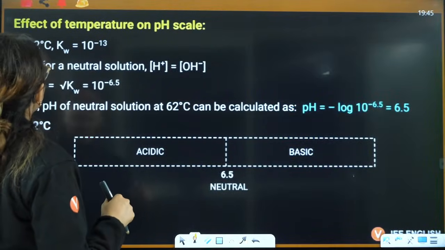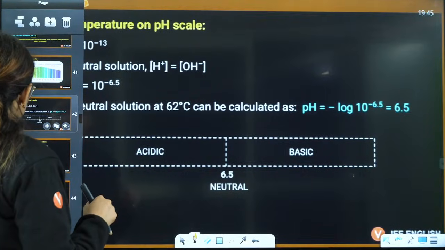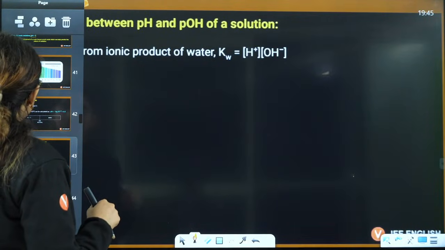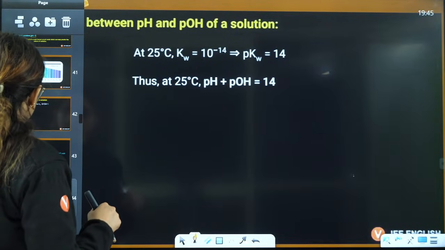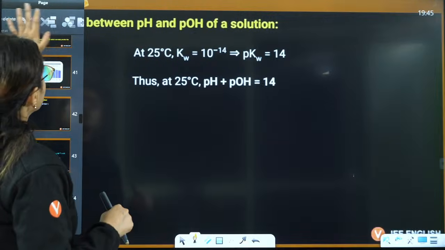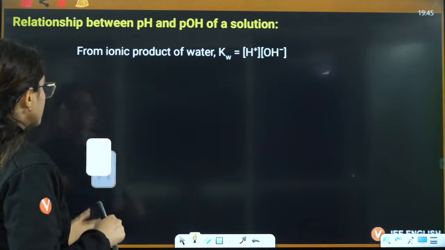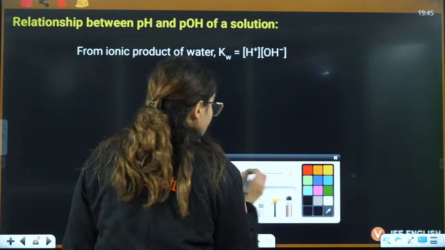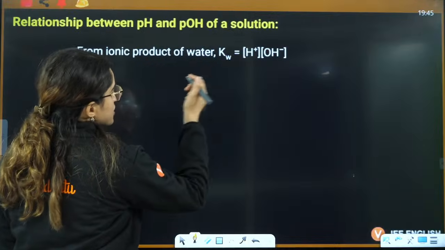Let's talk about another thing, right? Let's talk about this one. How, ma'am? How can you say that? You have Kw equals H positive times OH negative.